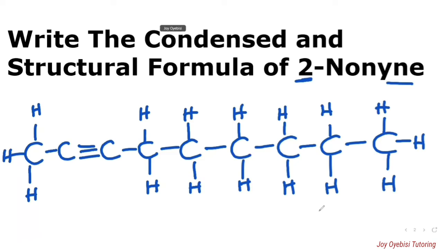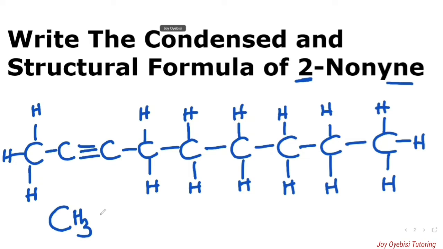Now from this, it's easy to write out your condensed formula. So this here is what we refer to as the structural formula of 2-nonyne. In order to draw the condensed formula, we just start from here. This is your first carbon, and it has 3 hydrogens, so put the 3 hydrogens beside it.